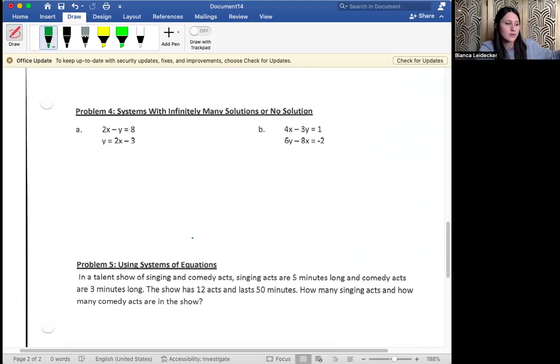What if we have a system of equations with many or no solutions? When we just look at this at first glance, it's really hard to tell if this is a parallel line, or an equation with no solutions, or if it's the exact same equation.